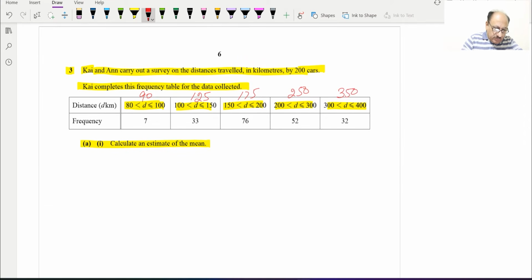Basically ranges are provided, so the midpoints will be 90, then 125, 175, 250, and 350. Now after this we can calculate the mean, which will be equal to sigma fx over sigma f.